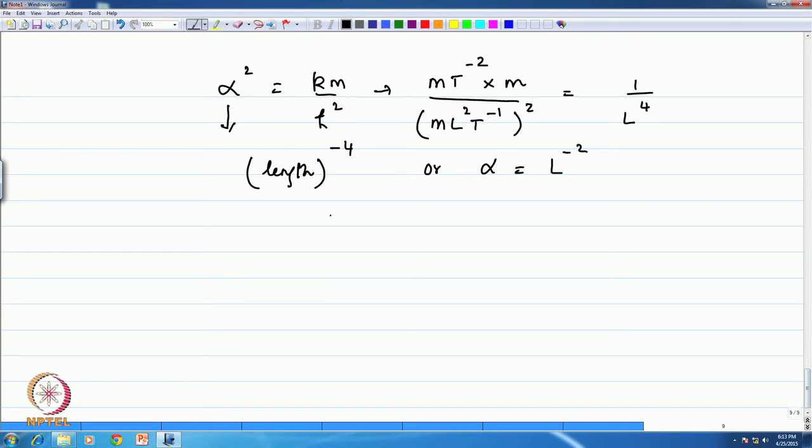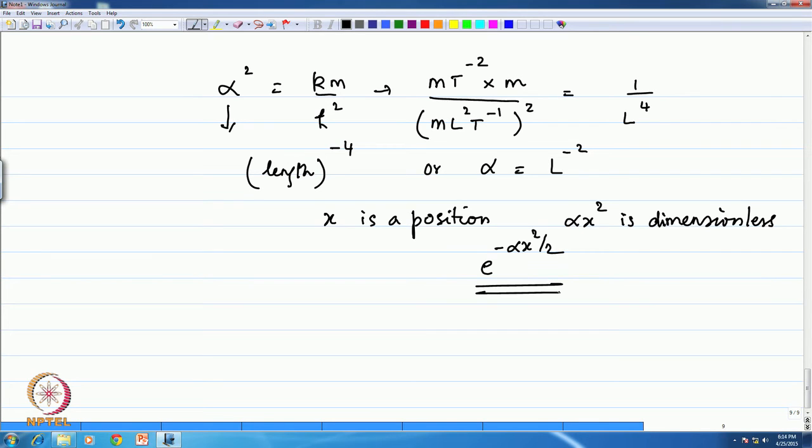That should make sense because x is a position, a distance from the equilibrium. Therefore you see that alpha x square is dimensionless. Otherwise e to the minus alpha x square by 2 does not make sense.